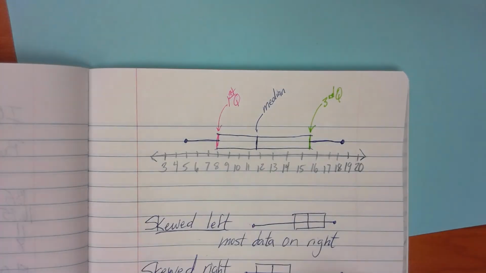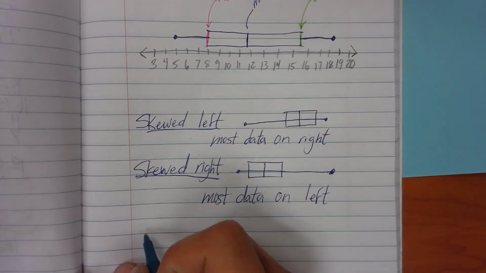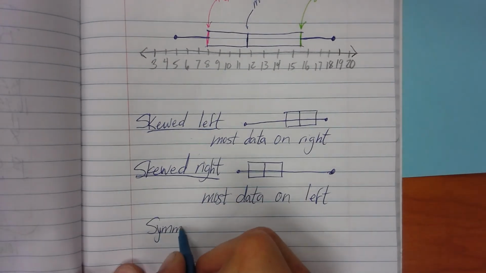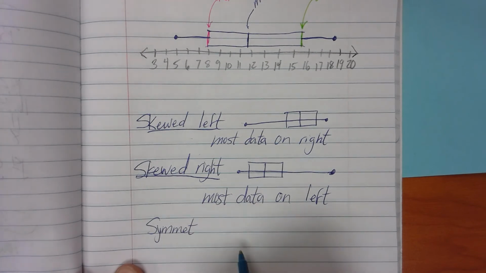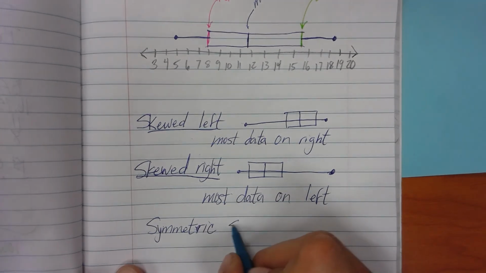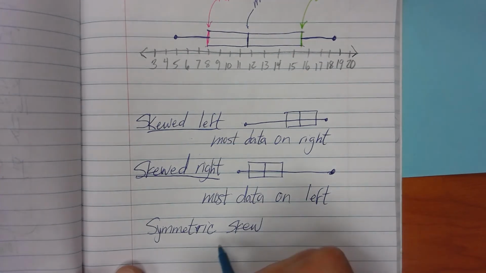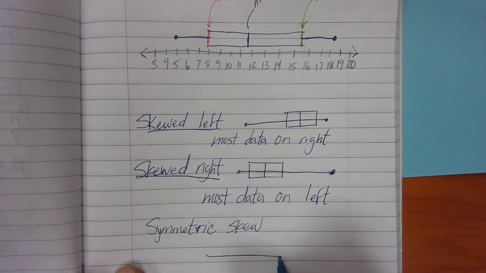And symmetrical, just like it says in the name, a symmetric plot means the median is in the middle of the box.